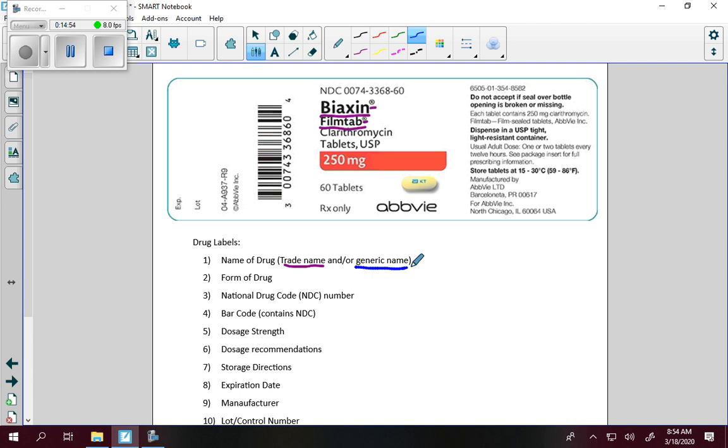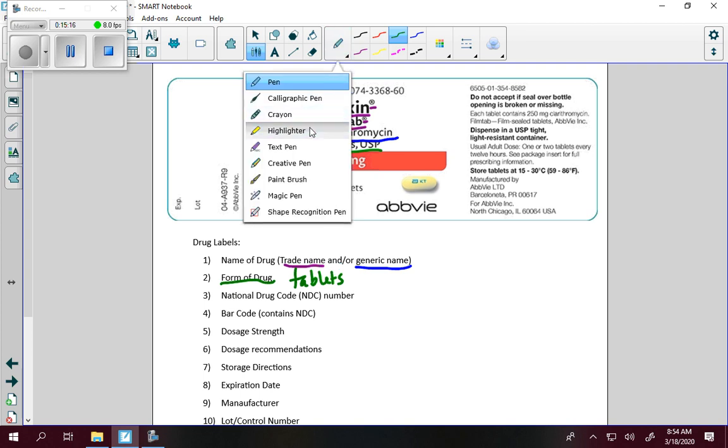The generic name would be clarithromycin. The form of the drug would be tablets. The National Drug Code number is indicated with the NDC.